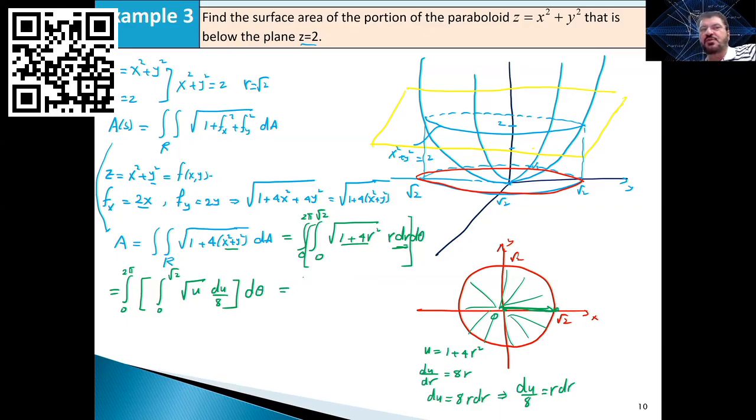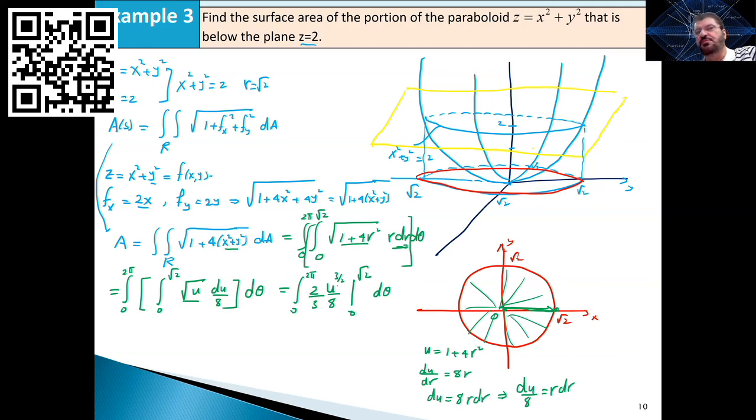Now, the integration of u to the half: you increase the power by 1, so u to the 3/2 over 3/2, times 2 over 3. And don't forget there is an 8 at the bottom. 3/2 divided by 3/2 means multiplied by 2 over 3. And this is from 0 to square root of 2, d theta.